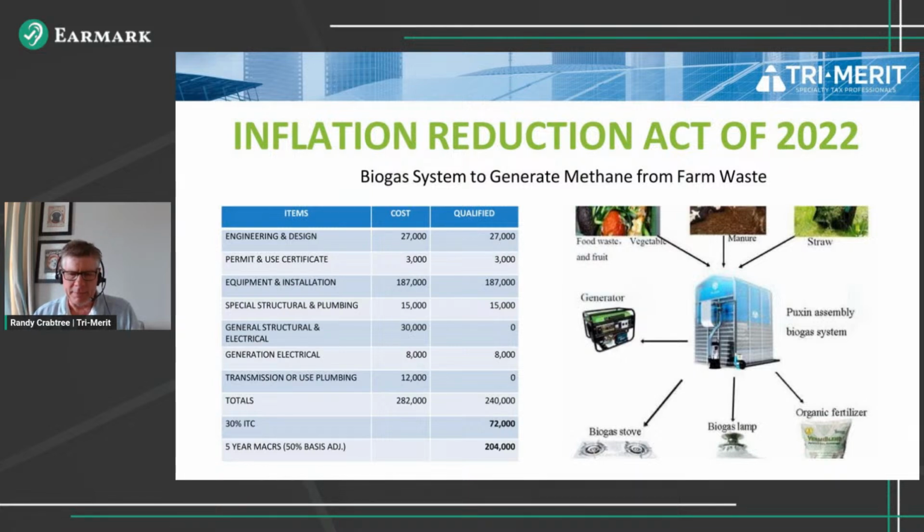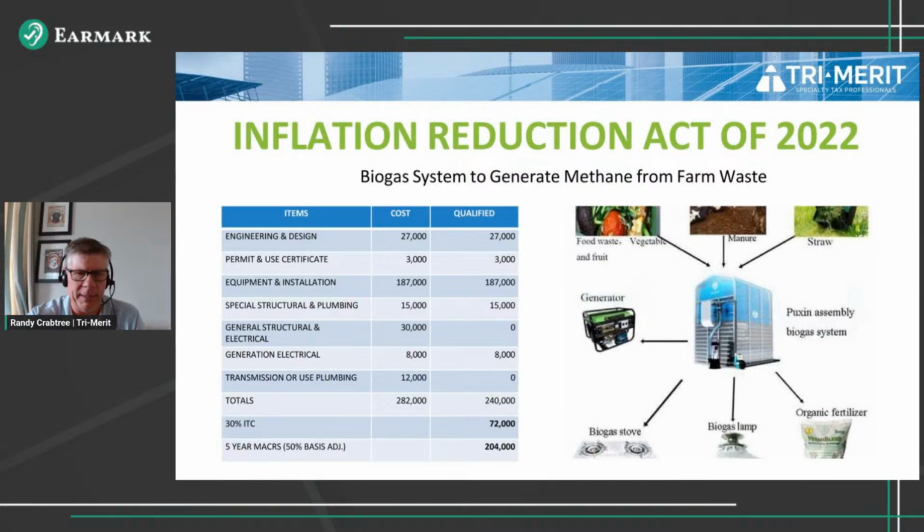because we have to be able to identify what is 5-year energy property, because 5-year energy property is the only property that's available for the credit. In this hypothetical scenario, we did a cost segregation study, we pulled out all the costs, and we determined that of the $282,000 invested, $240,000 was classified as 5-year energy property.